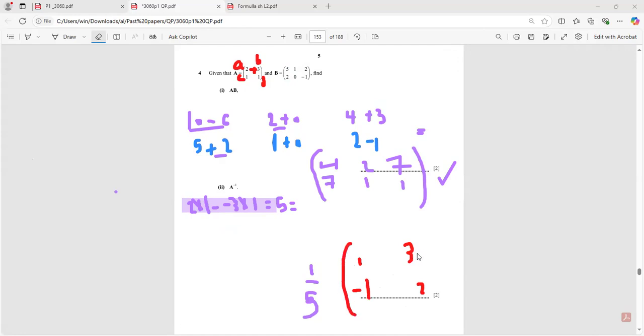That is the inverse of it. Okay, let's see the next.